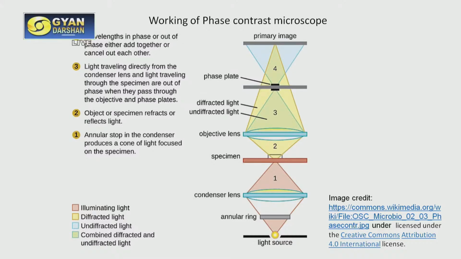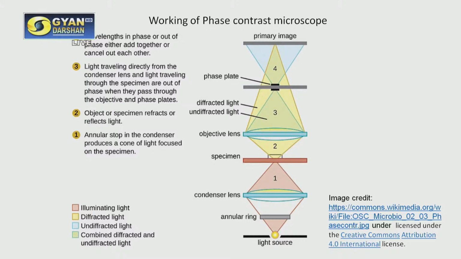The light source produces light, and the light goes to the annular ring. The annular ring has a small hole through which the light passes, and it goes to the condenser lens. The condenser lens further condenses the light and focuses it onto the biological specimen, which is to be observed by the phase contrast microscope.